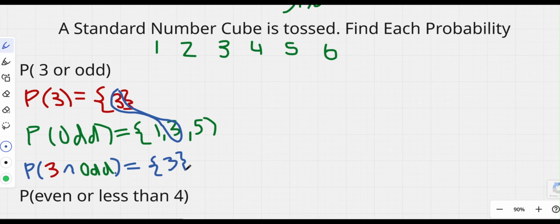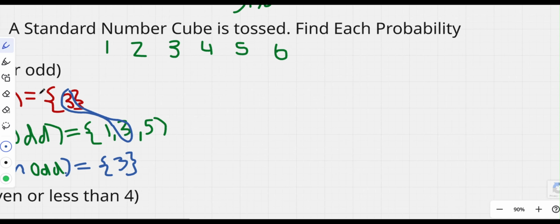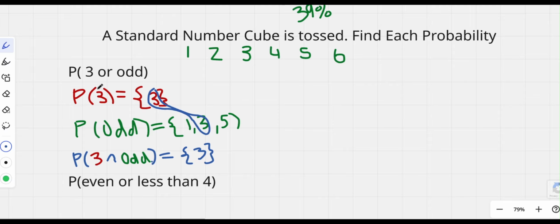So now let's use our formula, which is P of 3 plus P of odd minus P of 3 intersection odd. So let's write it out.